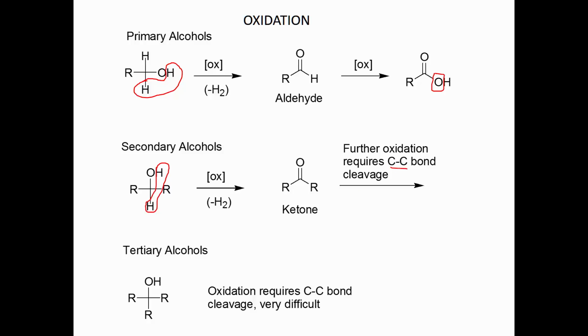And for a tertiary alcohol, we don't have any hydrogen on this carbon, so oxidation is going to be very difficult for this type of system. So we're going to see that primary alcohols oxidize to either aldehydes or carboxylic acids, depending on the oxidant you choose, and secondary alcohols oxidize to ketones.